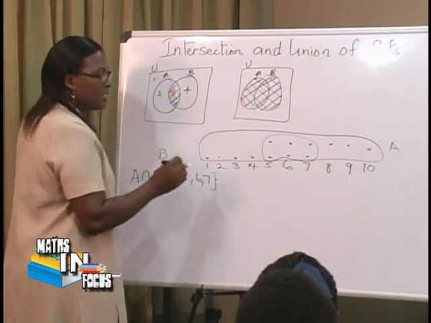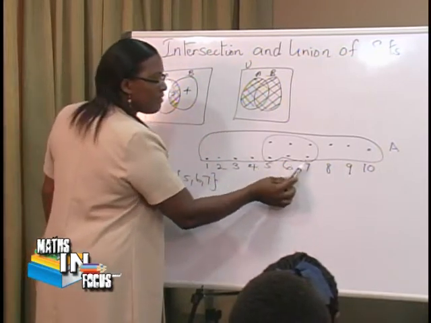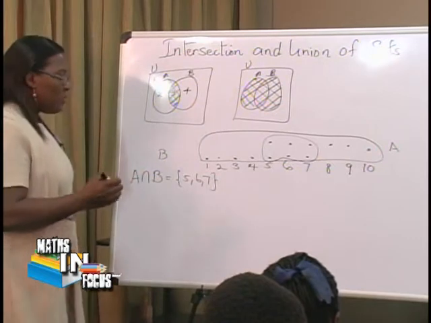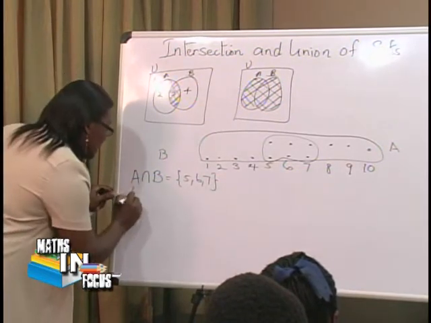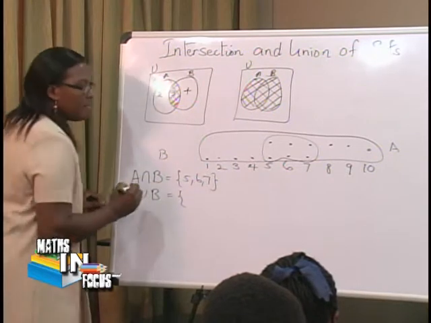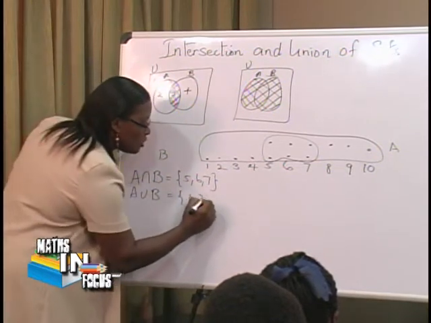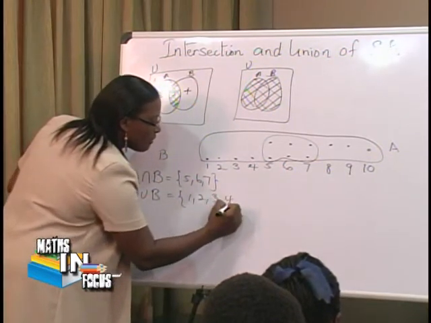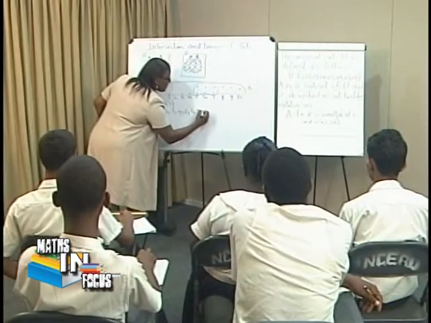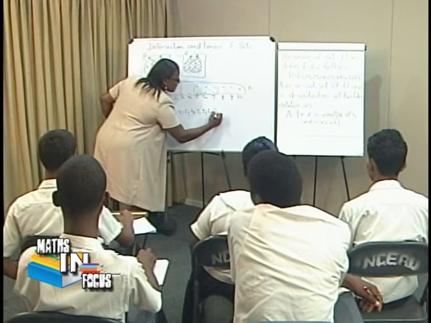Now what you notice is that 5, 6, and 7 occurs in both A and B. Now when we're going to list our set A union B, we have 1, 2, 3, 4. So we write 5, 6, 7, 5, 6, 7.